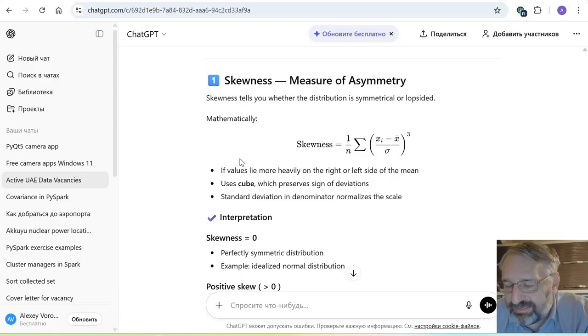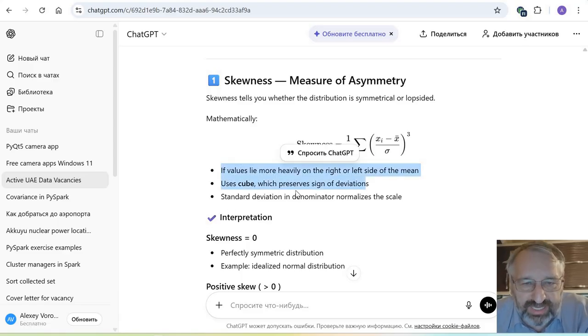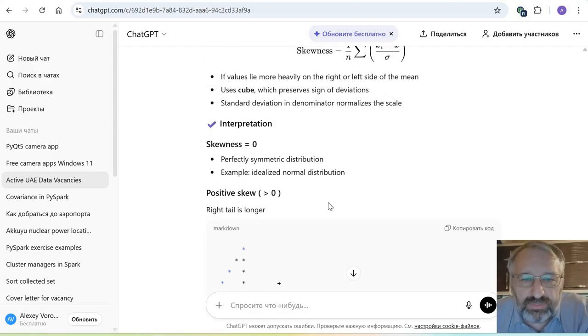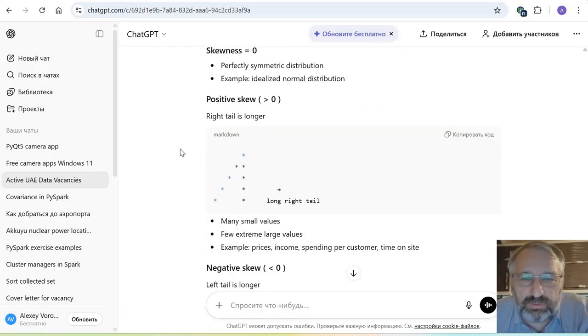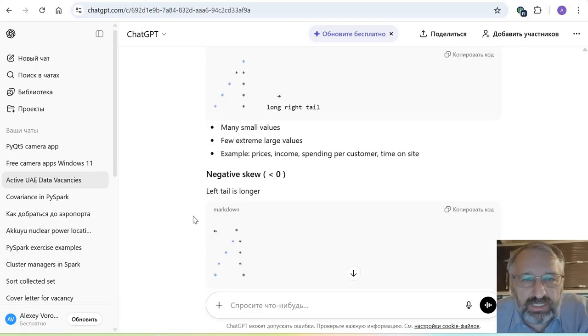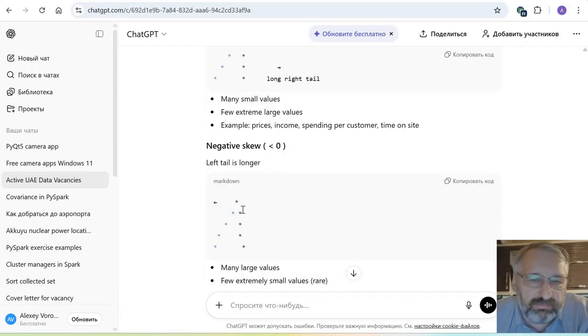Skew means asymmetric, turned to a certain side. Positive skew, long right tail. Okay, many small values to extreme. Negative skew is left tail.